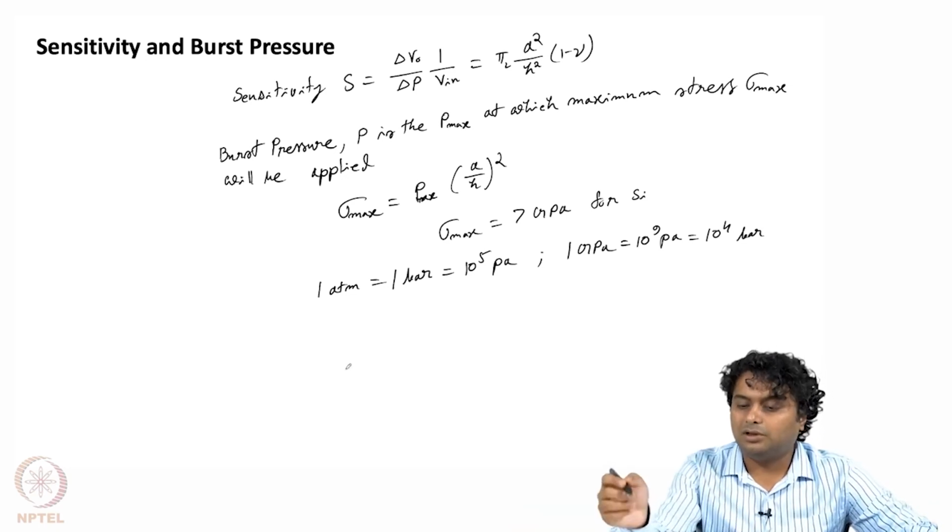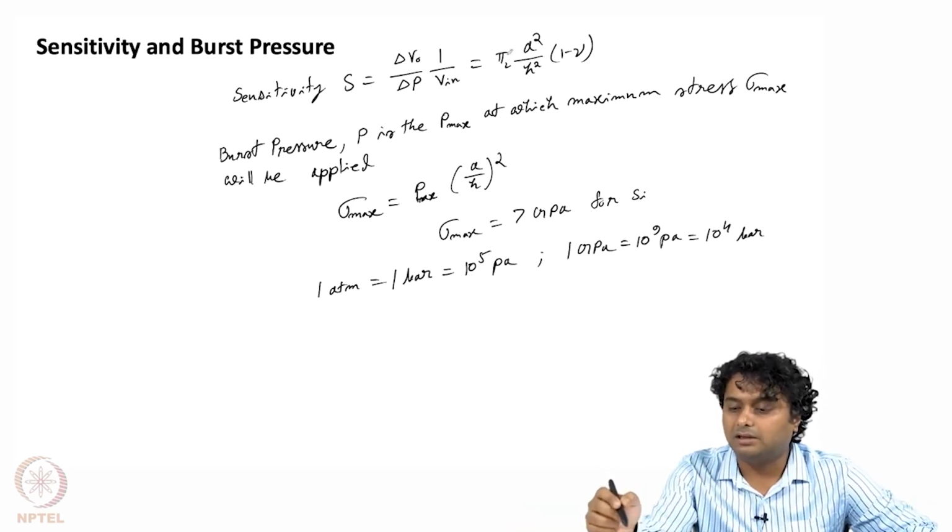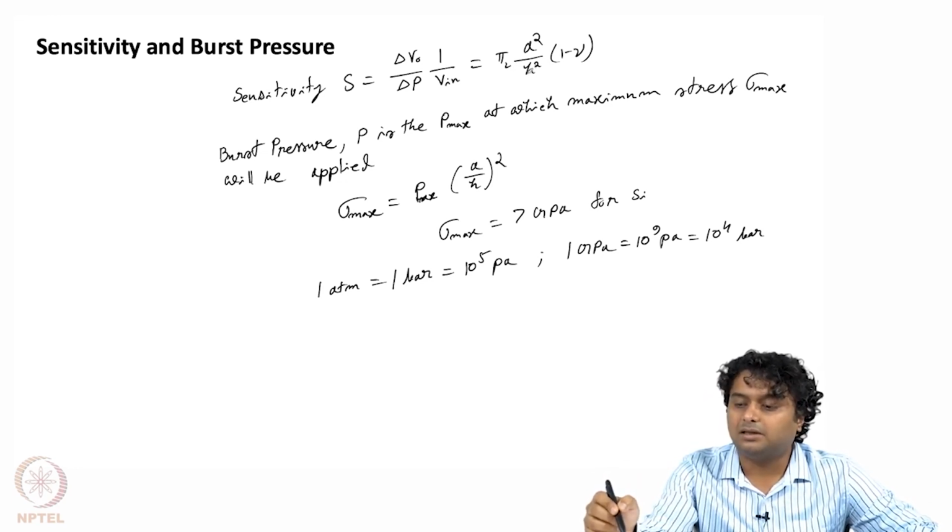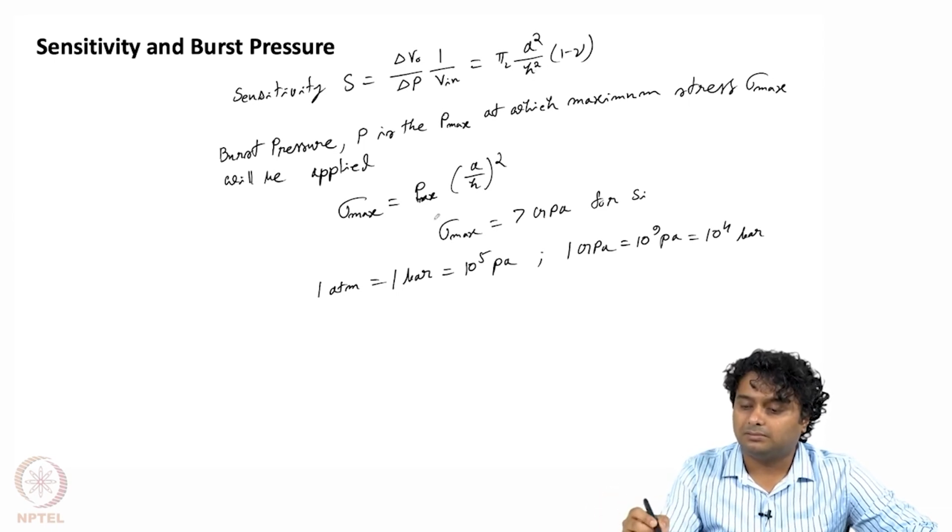Another thing we need to understand from this is that if we decrease H, the thickness of the membrane, then sensitivity becomes higher, or even if we increase the size, sensitivity is higher. But if we make the membrane very thin, sigma max is constant, so P max will decrease, so the burst pressure will also decrease, right.